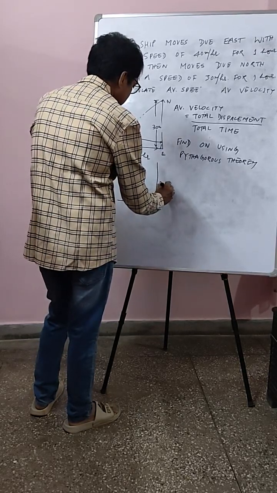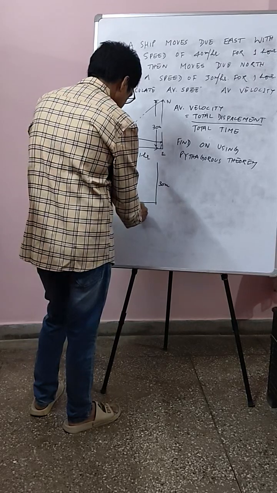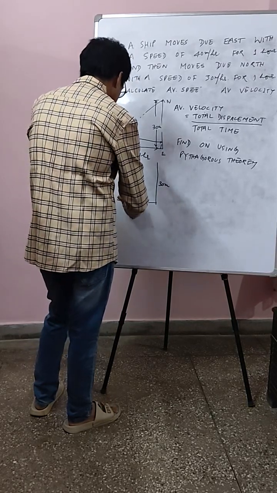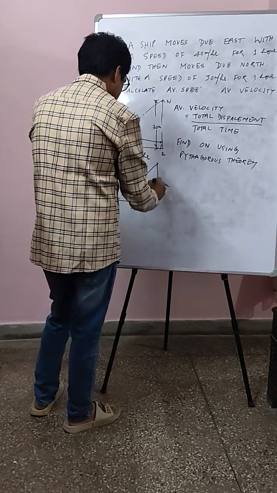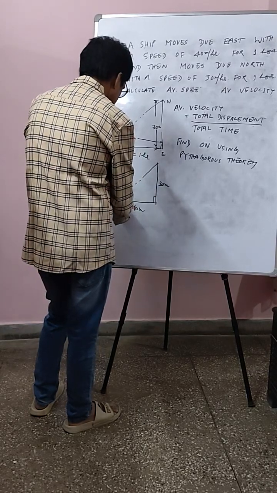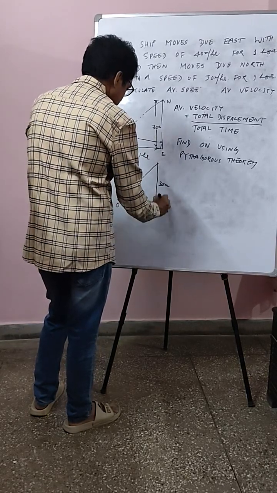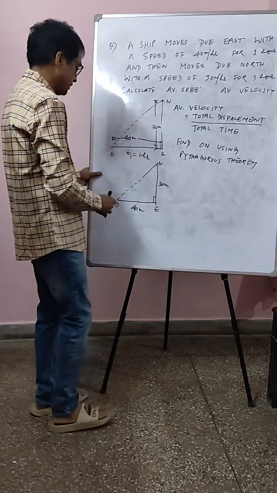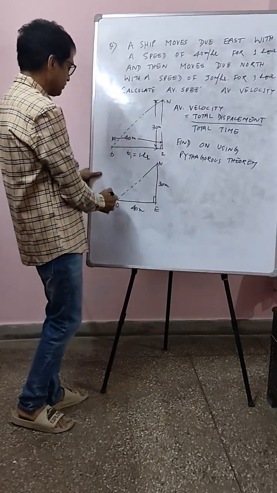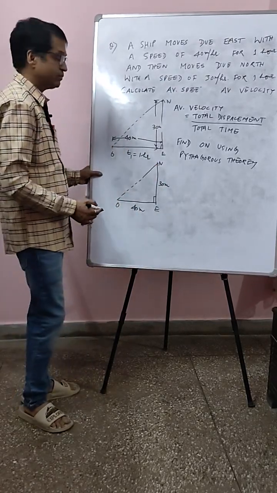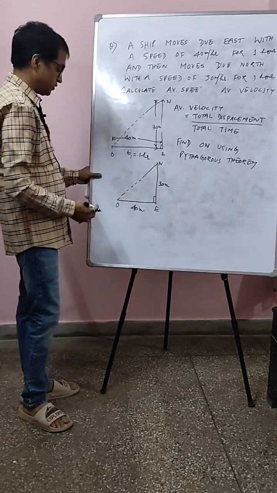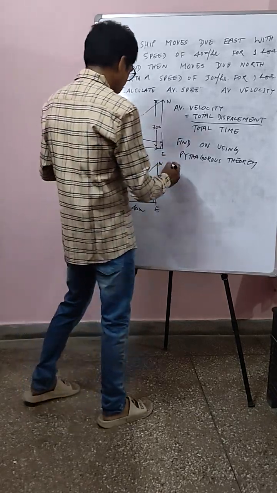This is 30 meter, this is 40 meter, and this is the originating point, this is the terminating point. So 40 meter, 30 meter, we have to find the value of ON, which is the hypotenuse of this right angle triangle.